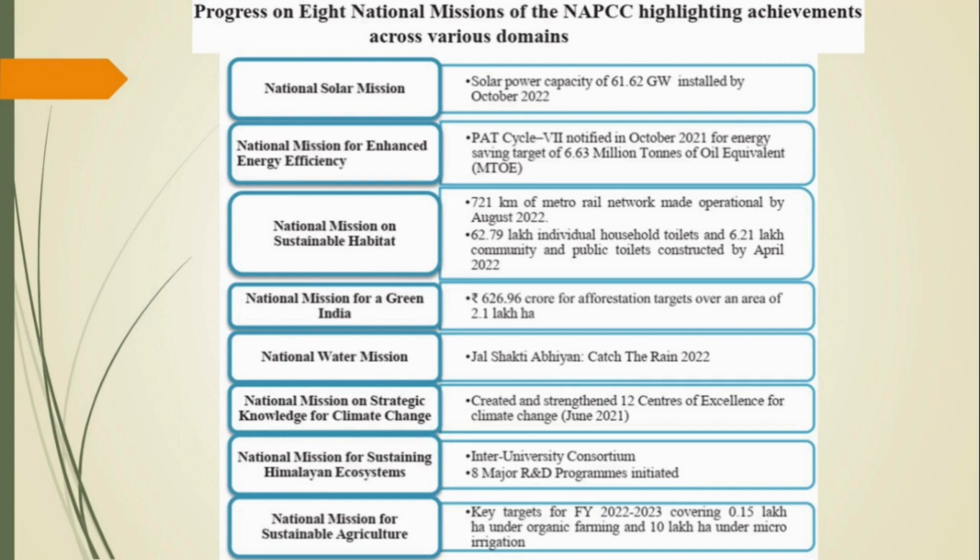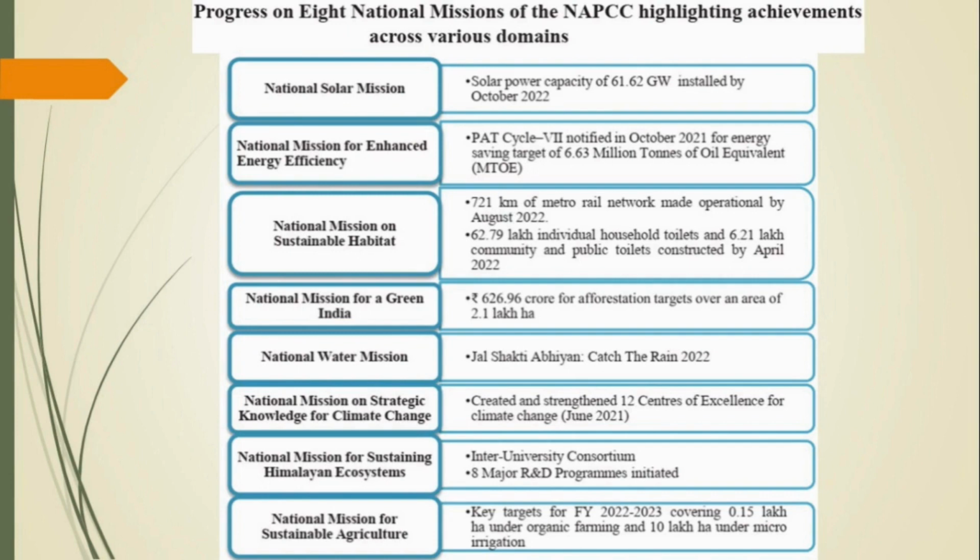Second, what does it say? This chart is talking about whatever progress the government has made. Understand this: in an MCQ, they can simply give one of the options that India has achieved 61 gigawatt installed capacity by October 2022. So it has been done under the National Solar Mission. Then the National Mission for Enhanced Energy Efficiency.